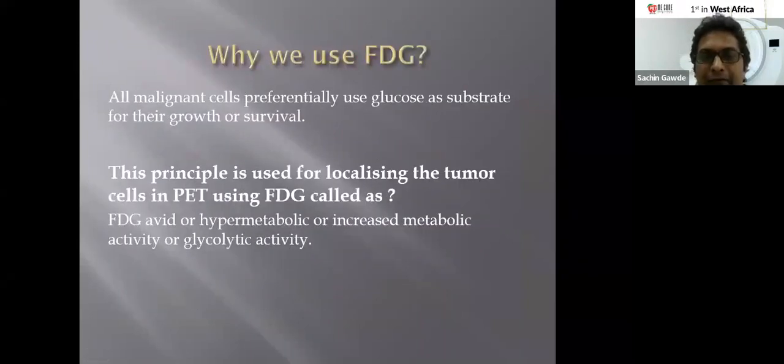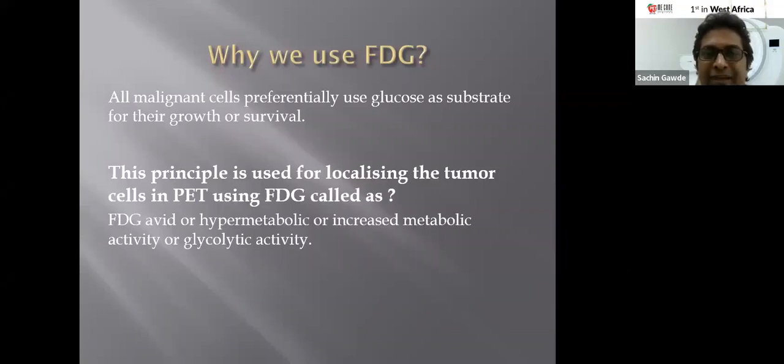Why do we use FDG? I'm focusing primarily on the workhorse of PET-CT, the molecule which is used widely across the globe. It's called fluorodeoxyglucose, or in short FDG, which all the listeners would be reading in a lot of PET scan reports. It's a glucose substrate. Why do we use it?